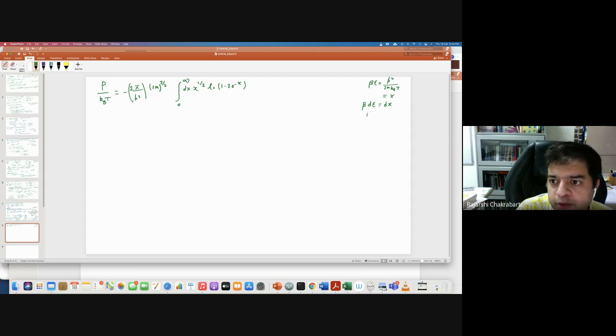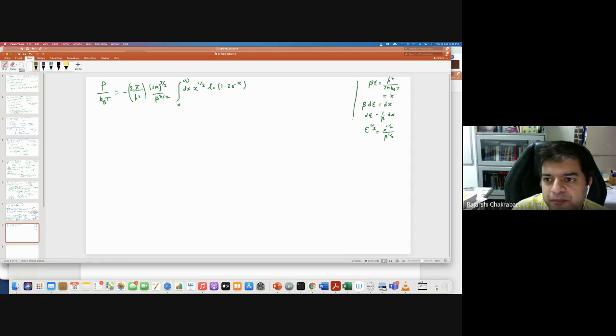Sorry, d epsilon becomes 1 over beta times dx. And also your epsilon to the power half is actually x to the power of half divided by beta to the power half. So I'll get 3 by 2 here. Is this clear? Yes, sir. I hope this is clear.